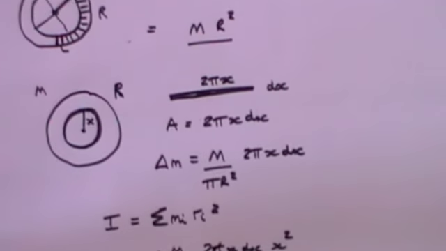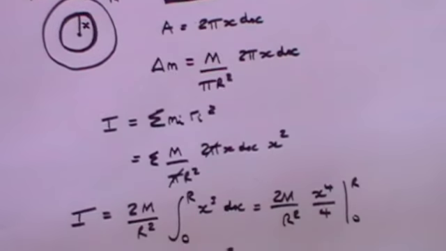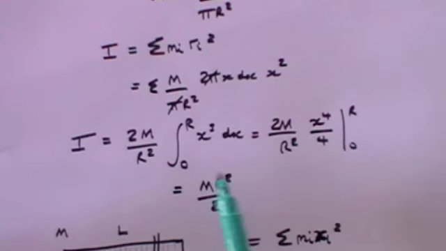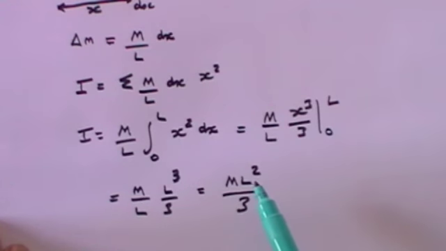And so far, that's right. This has got mass times distance squared. The ring has got a mass times distance squared. It may have a divided by 2, but the dimensions are right. And here we've got a mass times a distance squared divided by 3. But if you ever get a moment of inertia where the dimensions are not mass times distance squared, you've made a mistake.